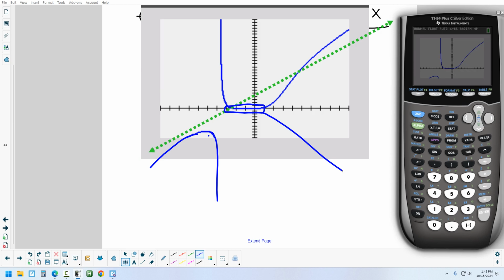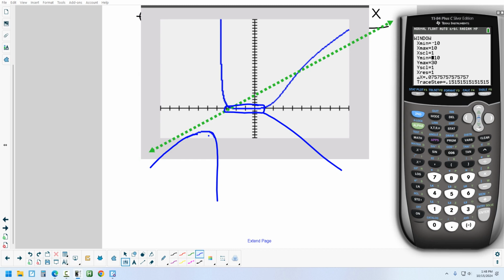So what could I do for a y min and a y max to zoom in on that section? Pretty much right where I drew the blue box. Could it be like 4?